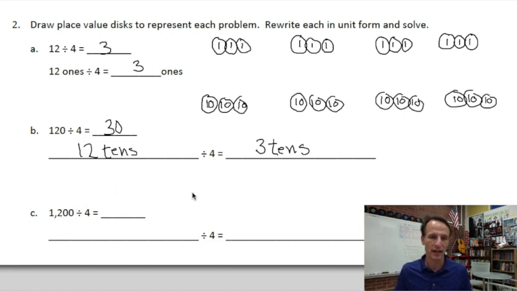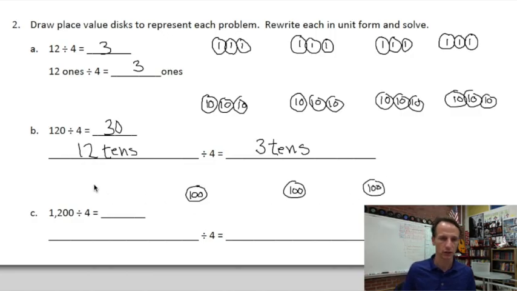So I'm going to start passing out mega boxes of donuts, which have 100 in each. So there's 100 donuts for you, 100 for you, 100 for you, 100 for you. Okay, so now there's 4 hundreds.